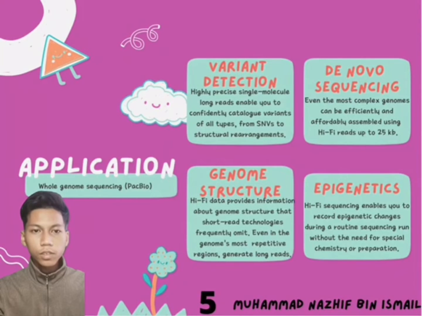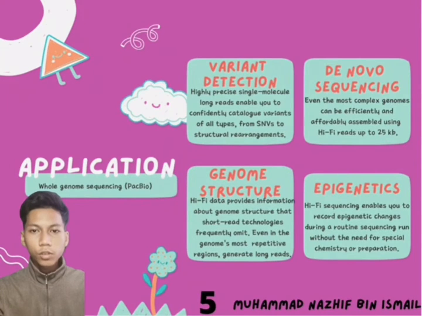Second, de novo sequencing. With de novo sequencing, even the most complex genomes can be efficiently and affordably assembled using HiFi reads up to 25 kilobases. Third, we have genome structure. HiFi data provide information about genome structure that short-read technologies frequently omit.